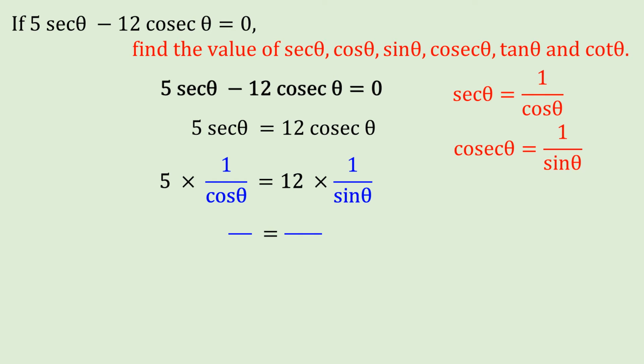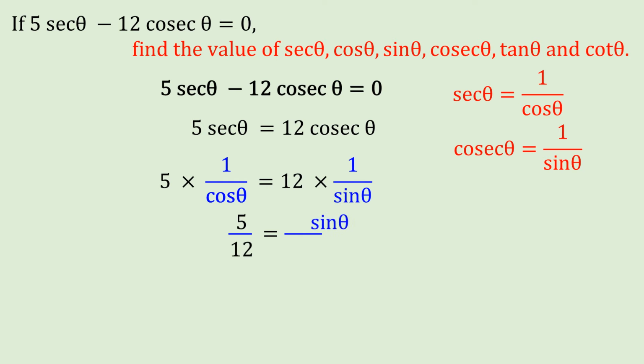Now let us see the trigonometrical ratios. The sin will already be there in the denominator, and the cos, which is in the denominator on the left side, will come to the right side, so it will become the numerator. So you have got 5 upon 12 equals cos theta upon sin theta.